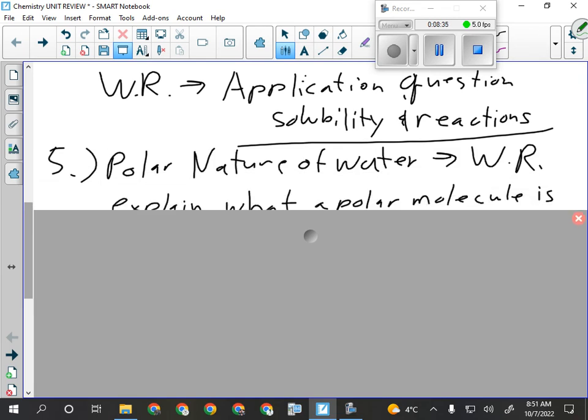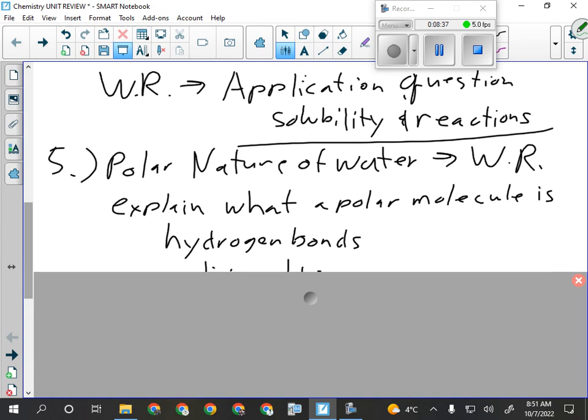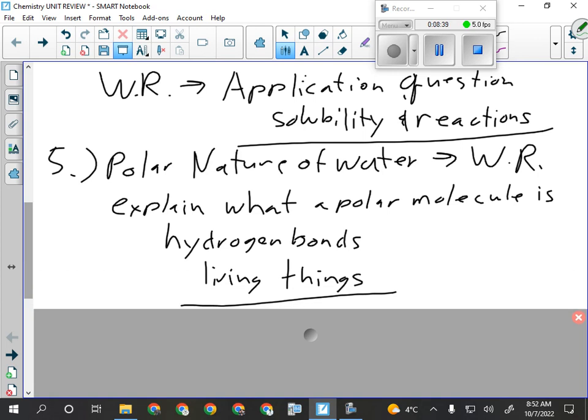Polar nature of water. There is a written response question where you will have to explain what it means to be a polar molecule. Some of the structural things and behavioral things that a polar molecule, water specifically, might exhibit.